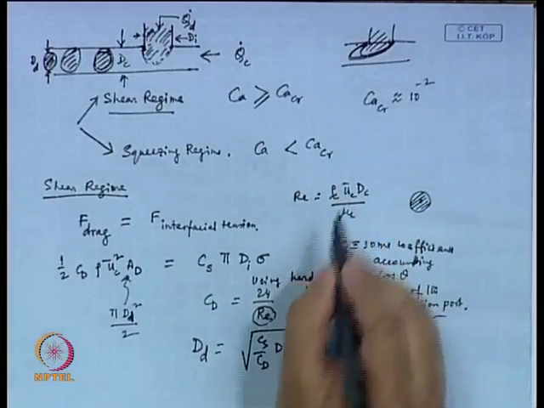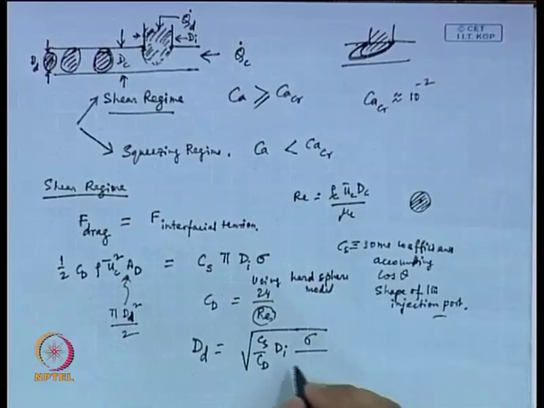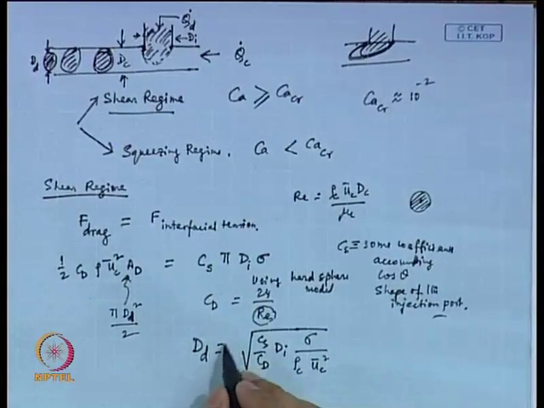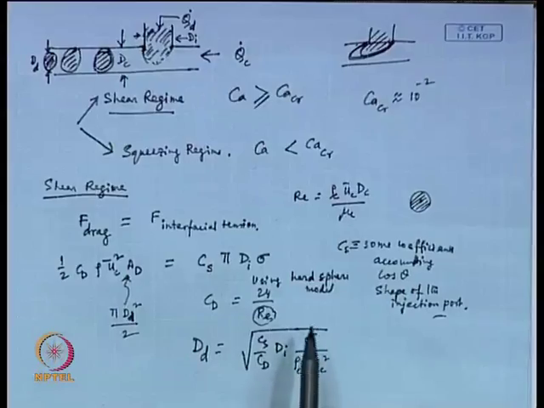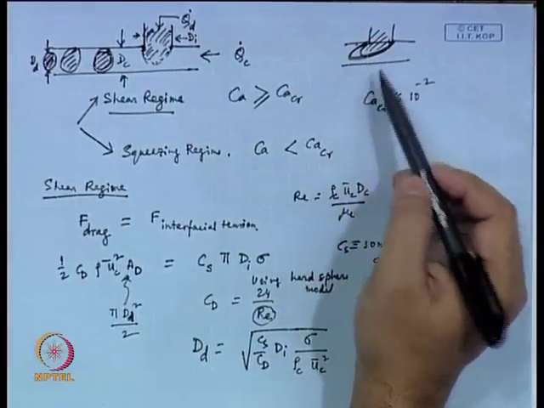Okay, we can call this u c bar if we are talking about u c bar here. So, this is something we have, and d I sigma divided by rho c u c bar square. On top of that I have a factor here that depends on what projected area you take for this droplet.